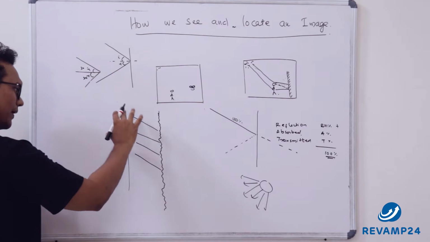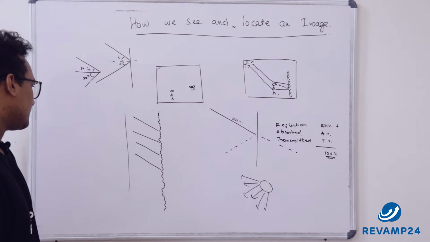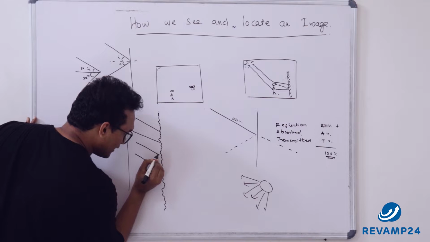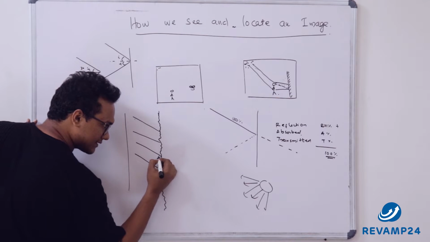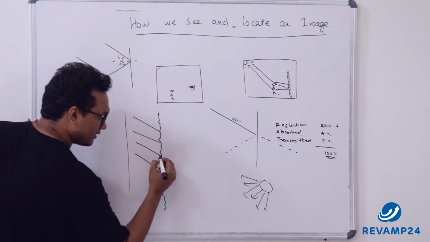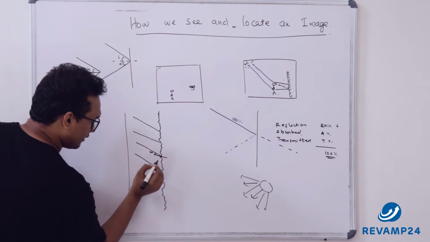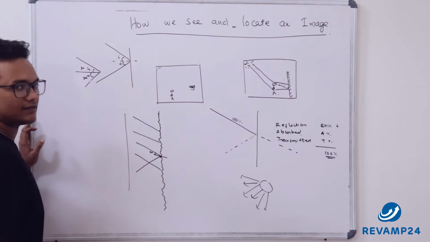Now, there is a pattern in the light rays that are being incident on the surface. At the surface, see, the point where this ray is incident on this surface, making an angle of 30 degrees or whatever the angle of incidence may be, would be reflected in this way.